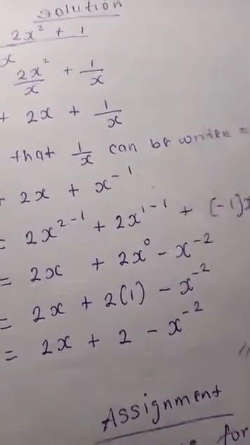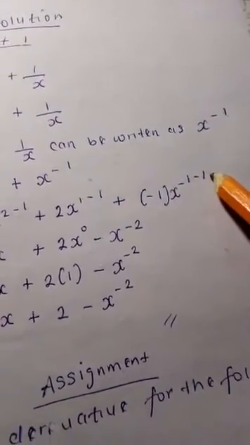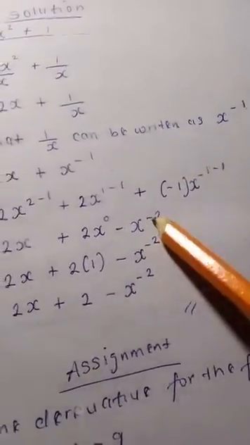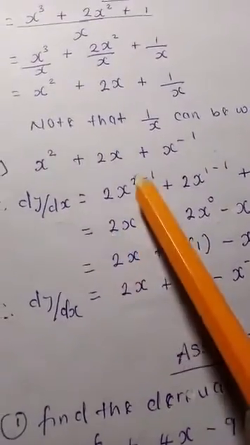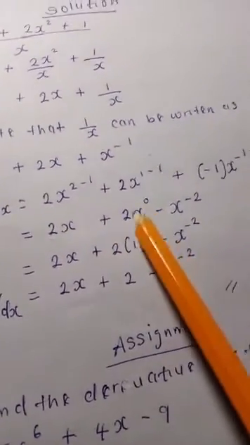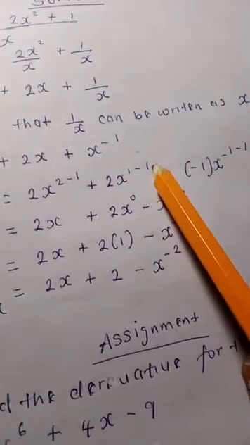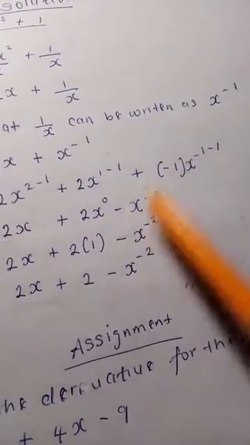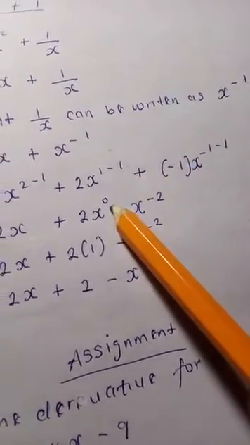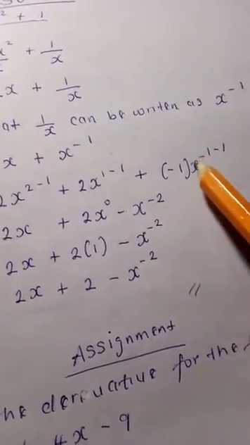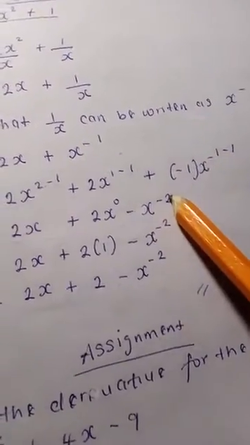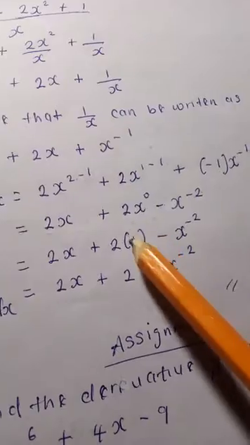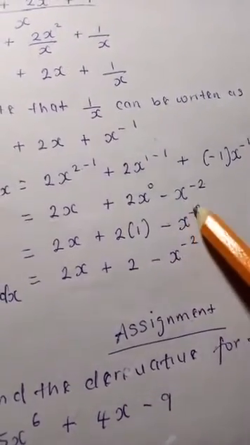So minus 1 minus 1 gives us minus 2. Why? If you are owing somebody 1 and you owe another 1, how many are you owing? 2. Minus 2. So we now have 2x raised to power 1 plus 2x raised to power 0, minus, because plus and minus is minus, x raised to power minus 2. Anything raised to power 0 is 1.